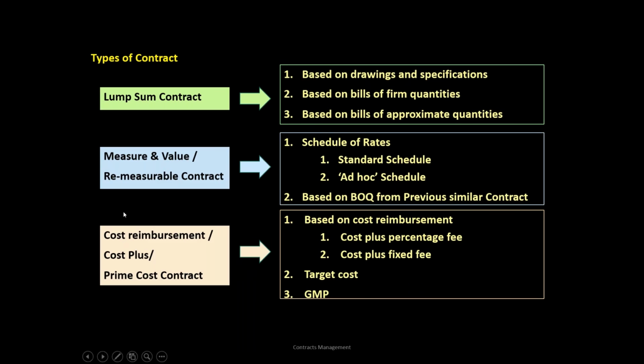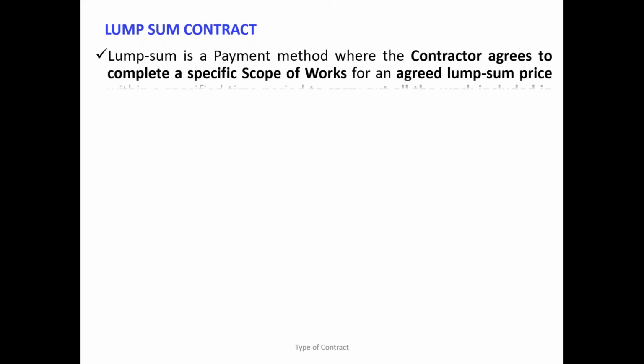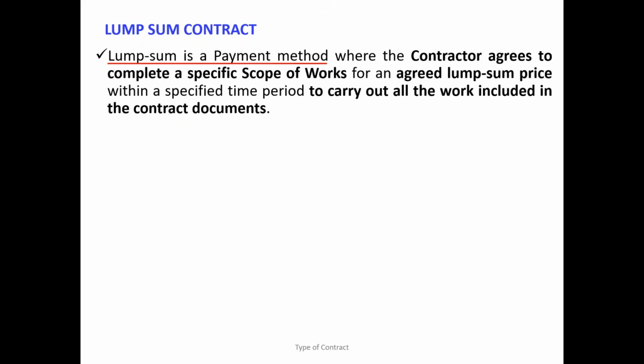Now, for the lump sum contract, we have to understand what a lump sum contract is. Without understanding it, it is going to be a big trouble and a practical issue for many QS in dealing with lump sum contracts, and you also need a good idea about the other types of contract that will be discussed in the next CPD.